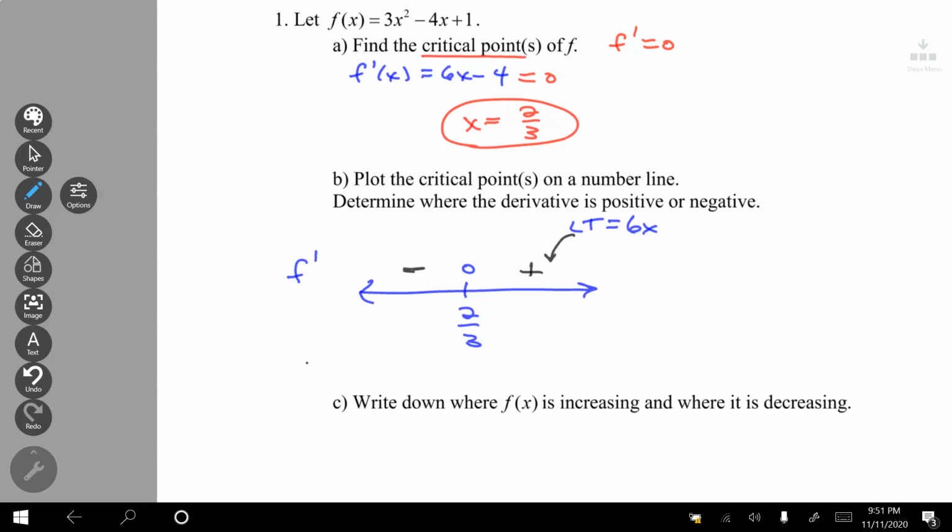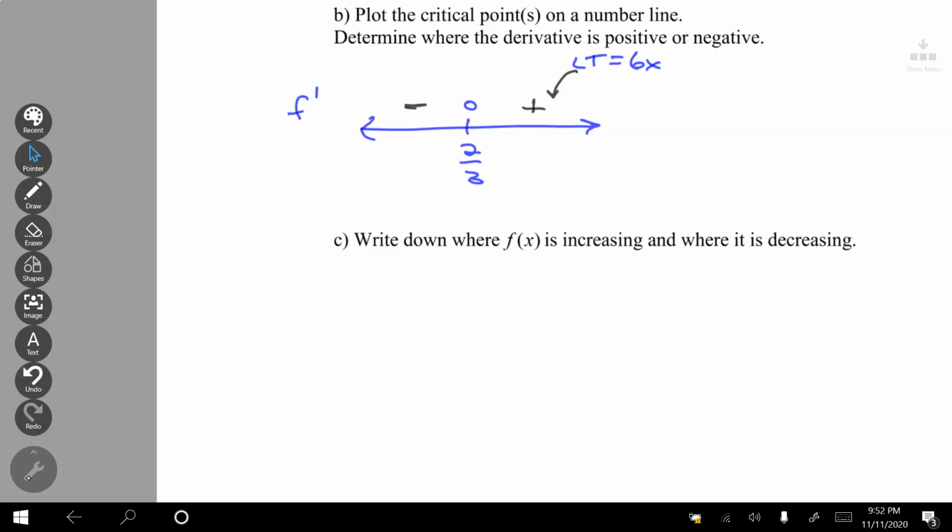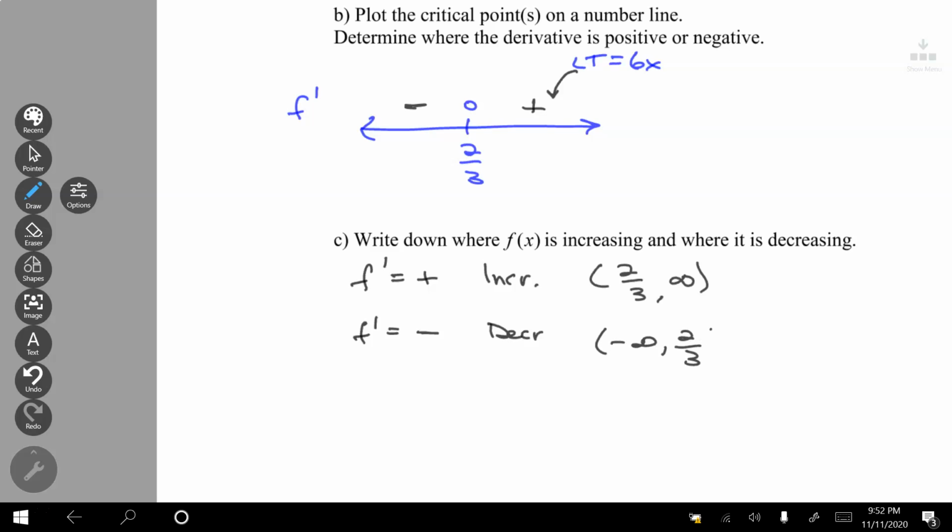So this is where I have established where my number line is positive and negative, and then I could look at this and determine where things are increasing and decreasing. So when f prime is equal to a positive, I have an increasing function, and that is from 2/3 to infinity. And when f prime is equal to a negative, I have a decreasing function, and that is from negative infinity to 2/3.